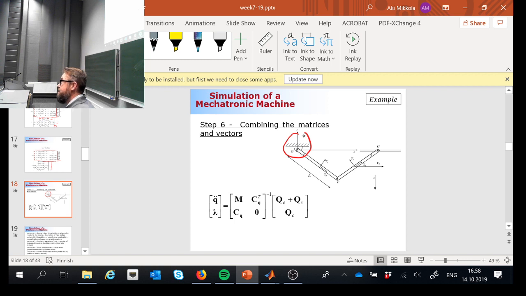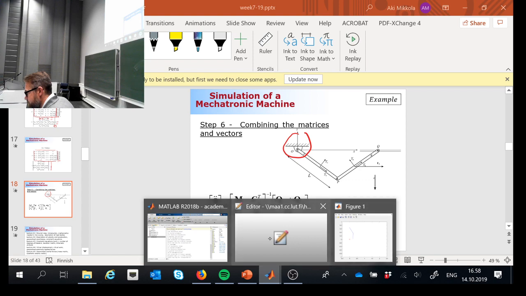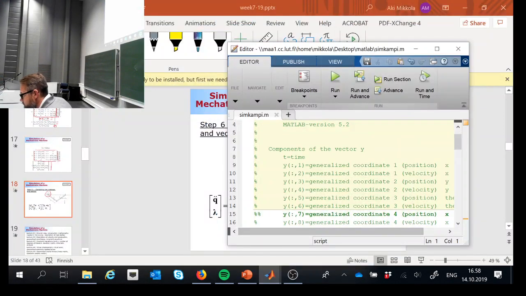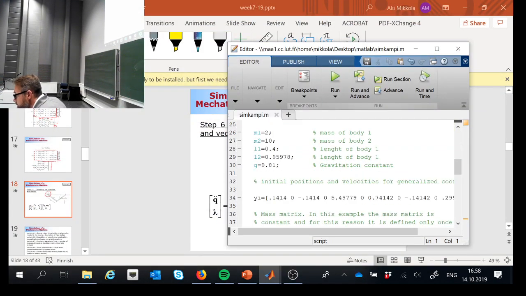What I did in my numerical integration was that I intentionally allowed a lot of errors to take place. And because of the errors, the constraints are no longer fulfilled. So let me get back to my MATLAB code, fix the error tolerance, and then here's my MATLAB code. This is the one that is now available in the Moodle database.